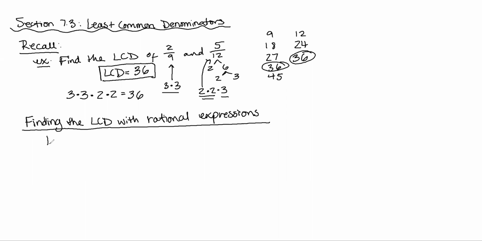So keeping that in mind, first thing we're going to do is factor the denominators. And notice how we're finding the least common denominator. So I don't care what the numerator is. You can completely ignore the numerator, just focus on the denominator.